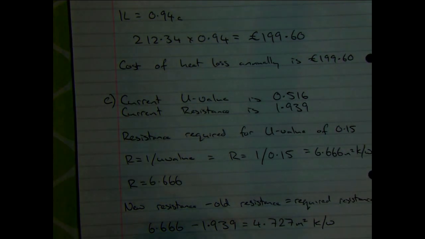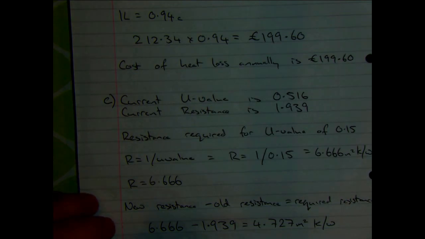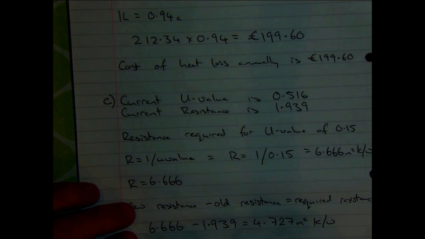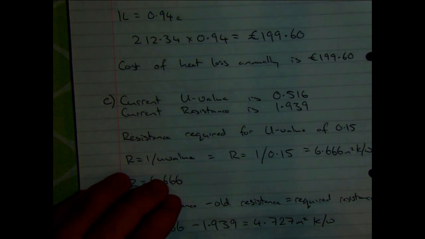Breaking that down, T is going to be 4.727 multiplied by 0.031, which is going to give us our thickness.